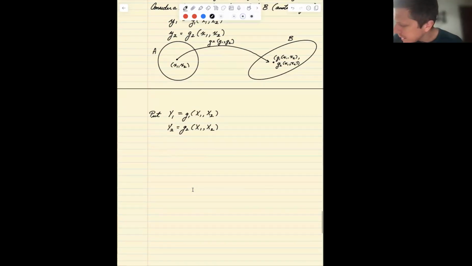So as long as g1 and g2 are smooth functions, we should expect Y1 and Y2 to have a joint density, just like X1 and X2. And so the question is, what is that joint density?